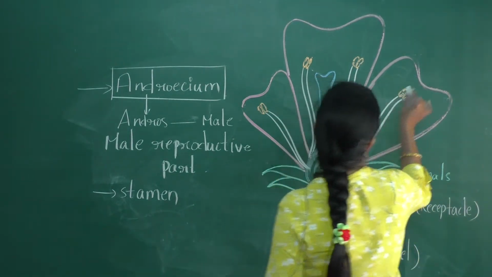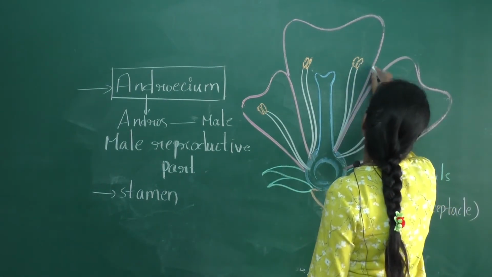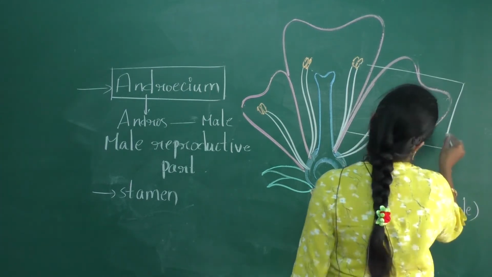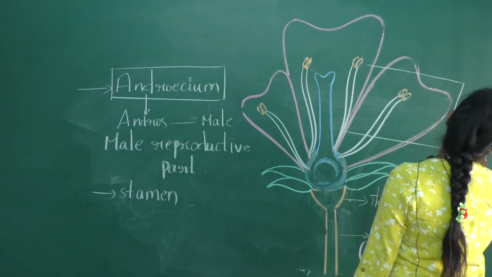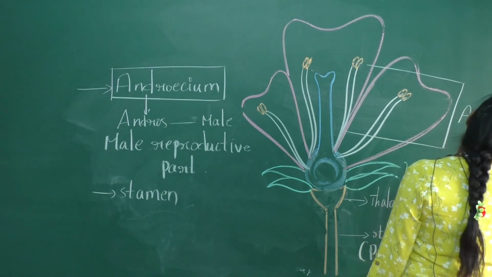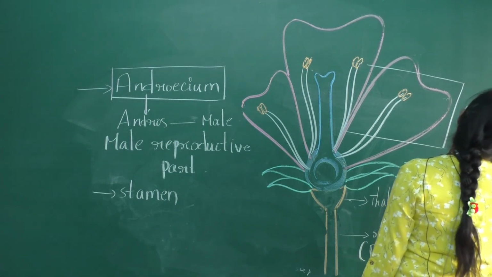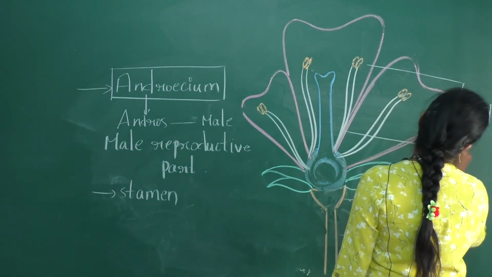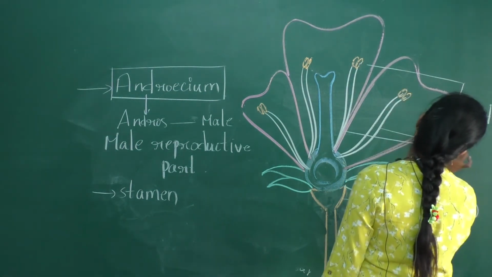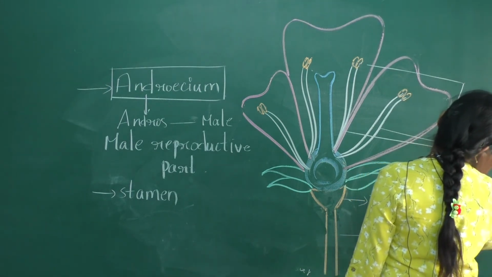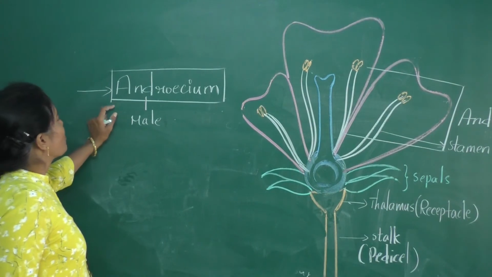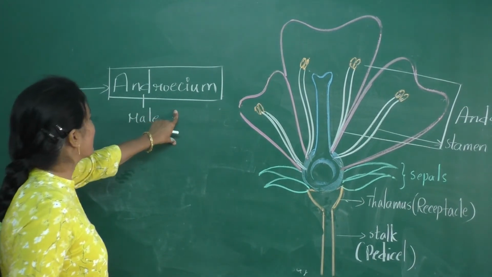So this male reproductive part is known as androecium. What is its functional unit? Stamen. This is stamen. So what is the next whorl, children?